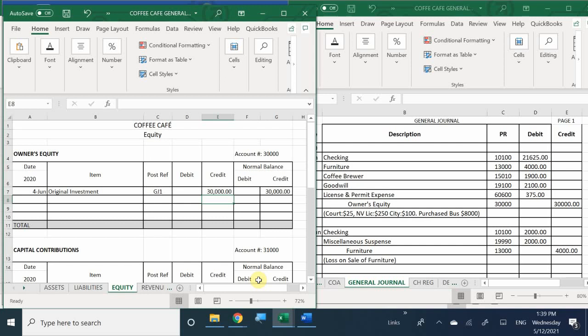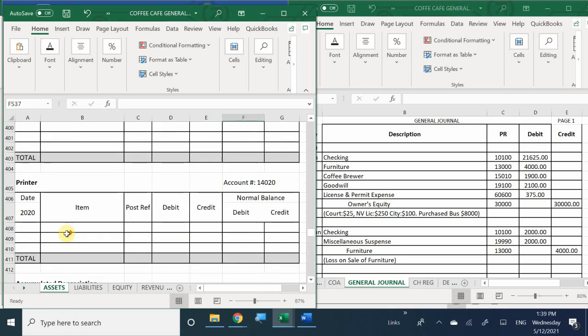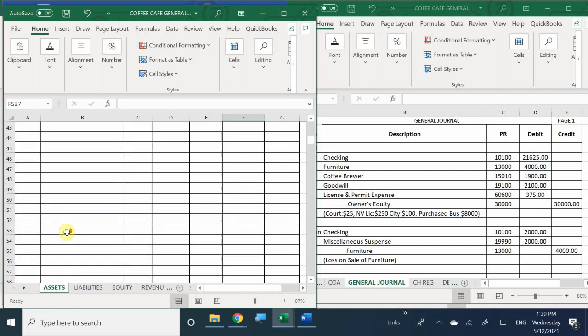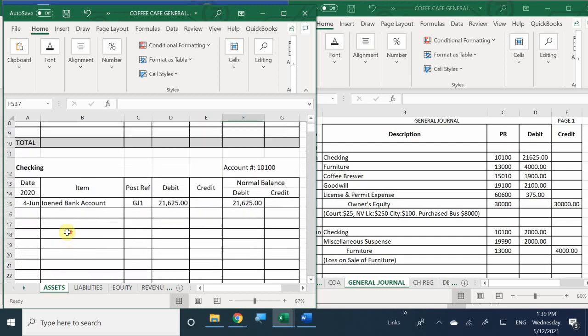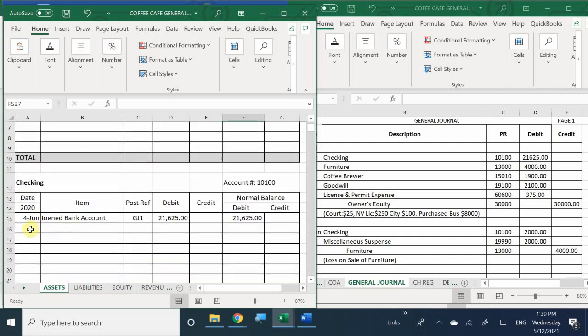The first account that we have is our checking account. That should be the top of your general ledger, at the very first page. You have your bank account, and here's your checking. Again, we're going to write the date, and the item/note is whatever description you'd like to put for this transaction.